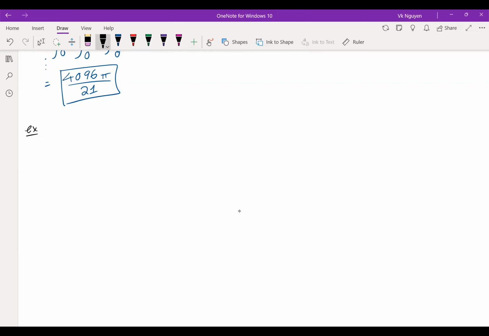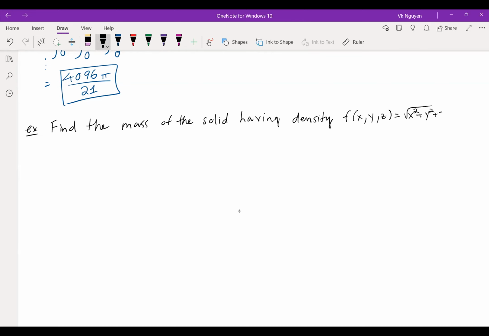Find the mass of the solid having density. Well, because rho is used, I cannot use rho for density, so just use f(x, y, z) here, root of x squared plus y squared plus z squared.